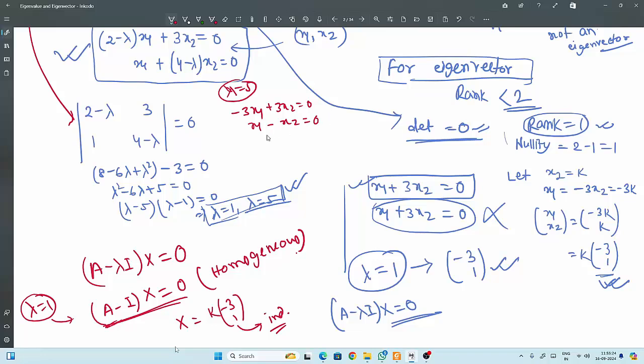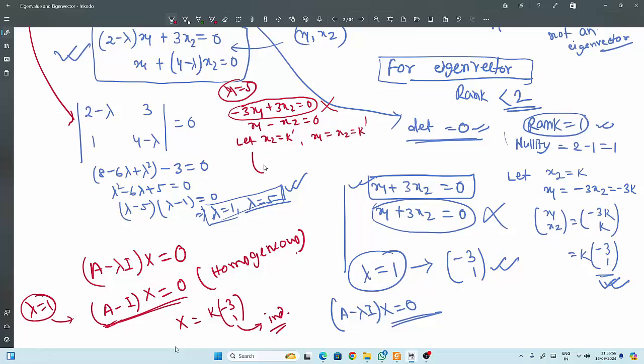Now in these two equations, you can see the first equation is just minus 3 multiple of the second. So you can neglect any one of the equations. For calculation simplicity, I am neglecting the first one and taking only the second one, because rank is 1, so nullity is 1. I can take only one equation and one variable independently. So let's take x2 equal to k, or x2 equal to some k dash. In that case, x1 is also equal to x2, which is k dash.